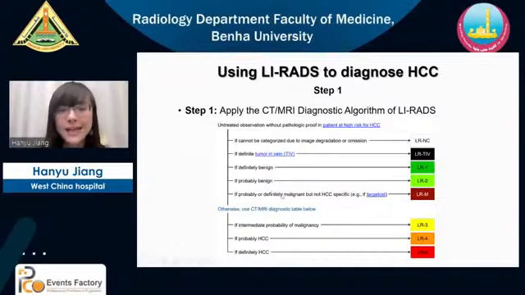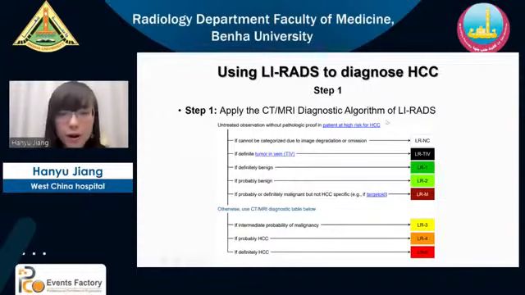Afterwards, let's decide whether an observation is probably or definitely malignant, but not HCC specific. This category may include intrahepatic cholangiocarcinoma, combined hepatocellular-cholangiocarcinoma, and other rare entities of malignancies. Also, we may categorize hepatic metastasis as LR-M.